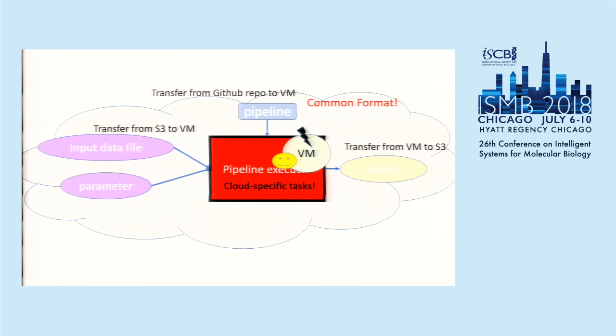A lot of data commons and cloud-based web portals are using this kind of approach in general. There are many common formats for pipelines, including common workflow language and workflow description language. And there are packaging technologies such as Docker, which is also containerization technology.